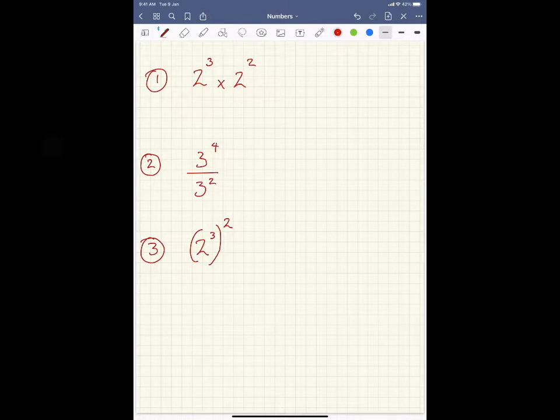There you go. So there's 3 questions for you to try. Have a little think about how you go about solving those. I think the numbers are small enough that you could work out each of the numbers with the exponent, maybe.